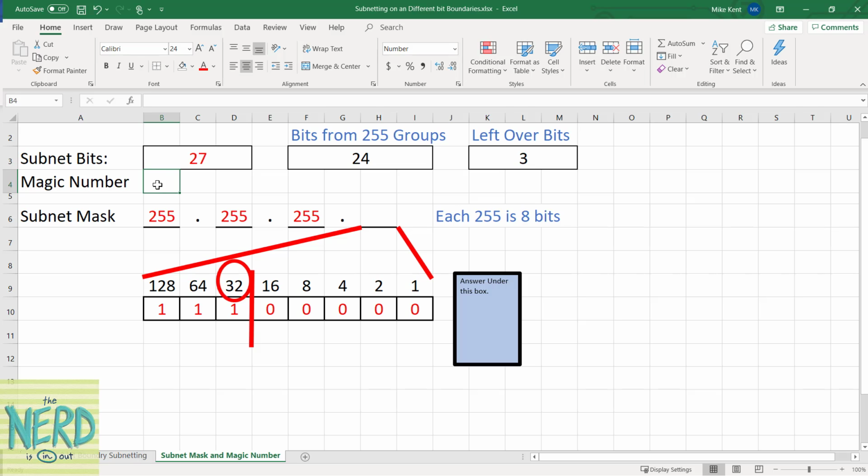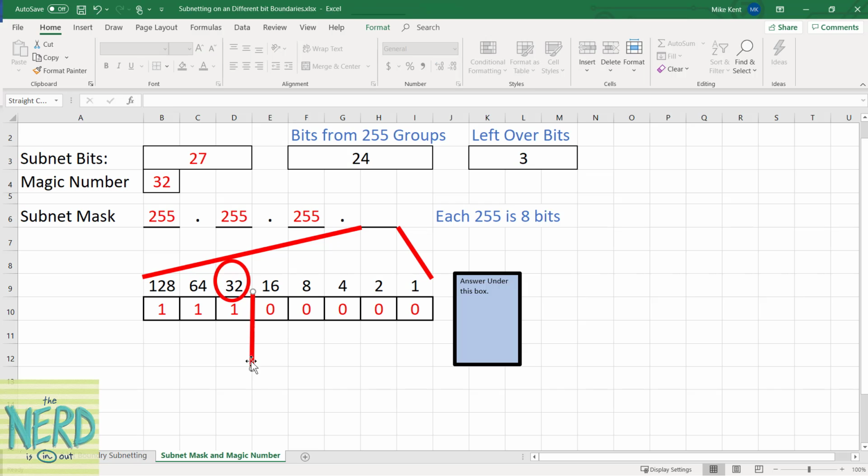So this time my magic number is 32. In other words, in this subnet scheme, my networks are 32 addresses wide. That's what the magic number is telling me, because there is that dividing line.